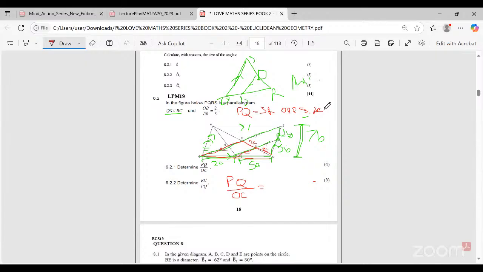Does it make sense? Yes, sir. So PQ over OC is equal to SR over OC. SR is 7B, all over OC, which is 2C.